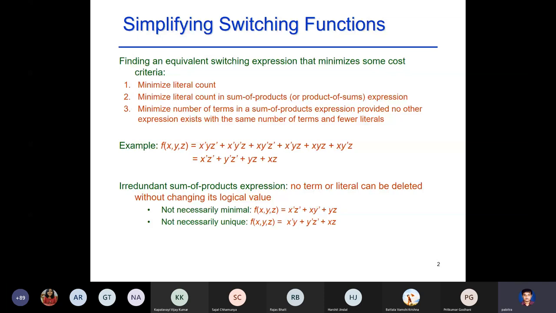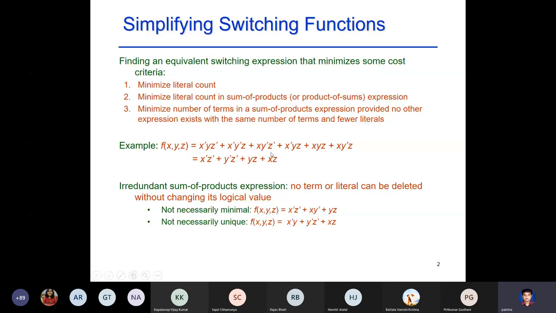I'll just use a notation to help you. Let's say I have a min term x prime y z prime. I can represent a min term like this, because x prime will be true when x is 0, y will be true when y is 1, z prime will be true when z is 0.